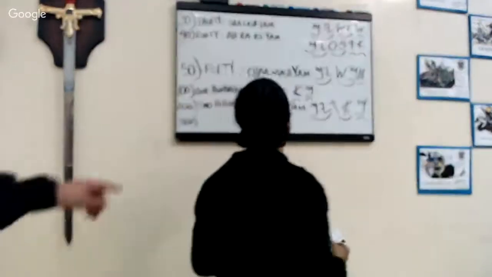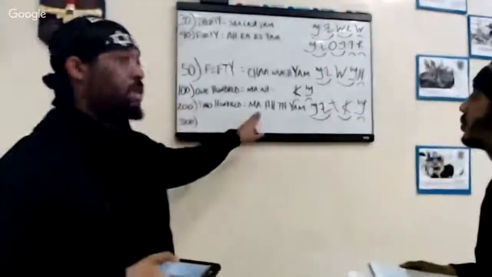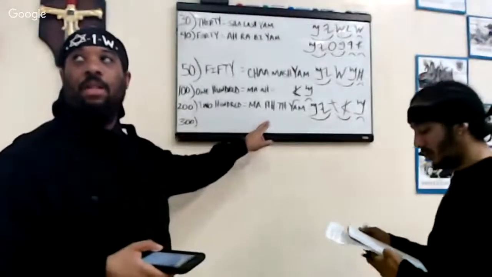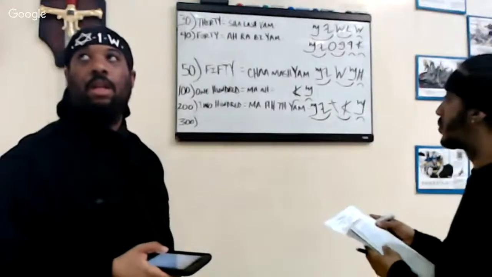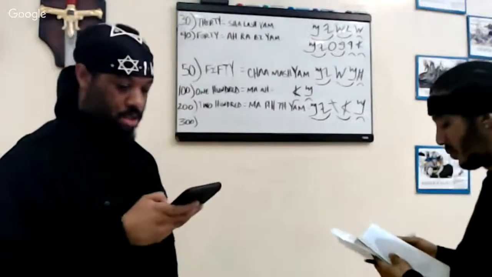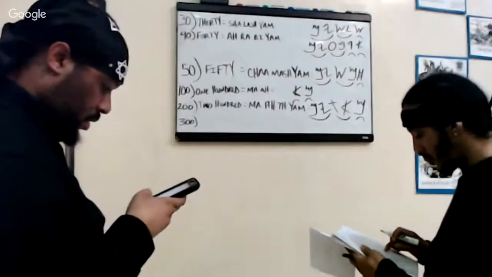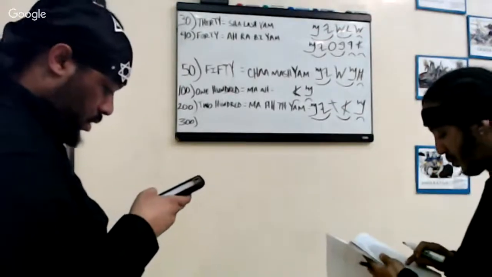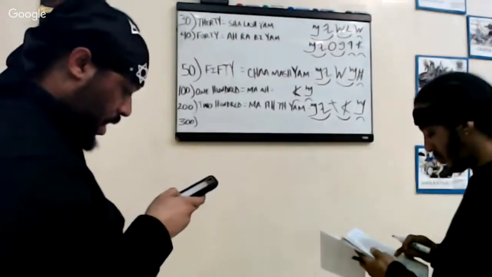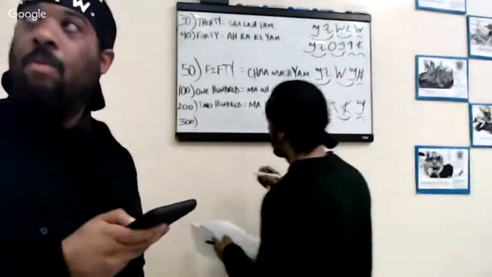Just like this one. Do like 13. 13 is Shalash Aisha, right? So now instead of 310, you want 300. 100 is Ma'a. Ma'ayam.